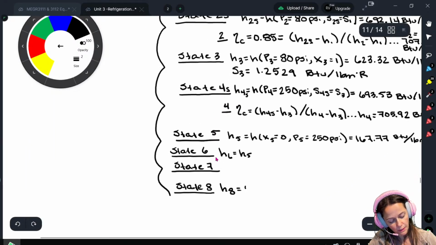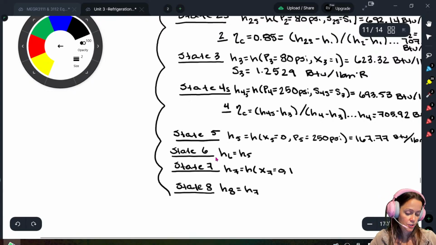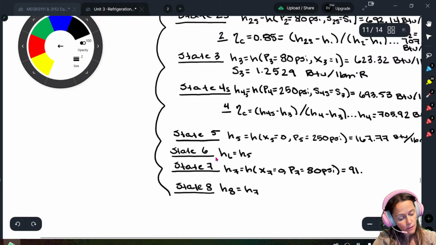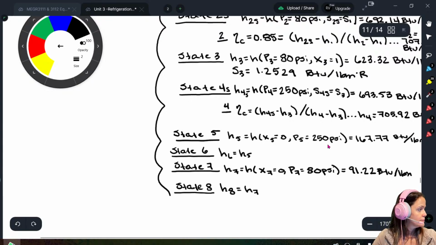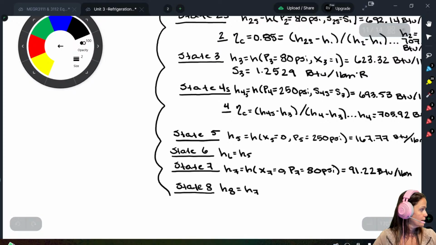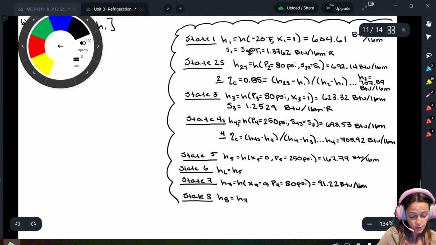So isenthalpic, H7 and H8 are equal to one another, our quality is 0, and the pressure is 80 psi. So it's going to be the H sub f value at 80 psi. I've got 91.22. Perfect. All right, so I've got all my H values.